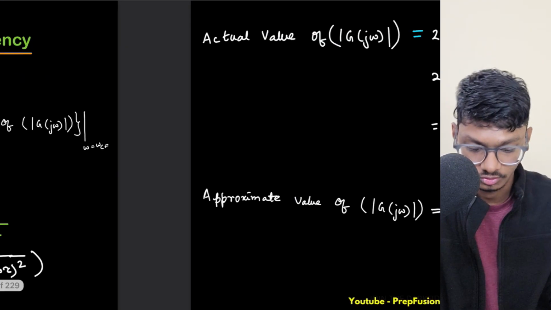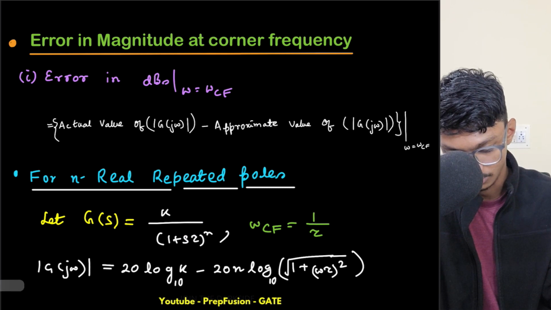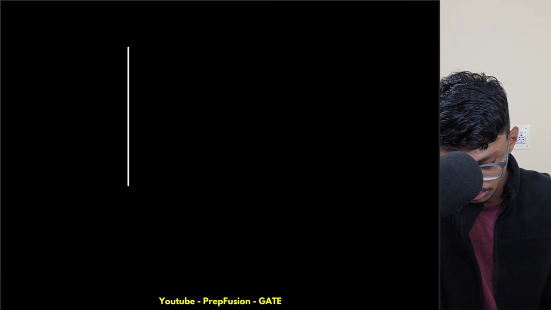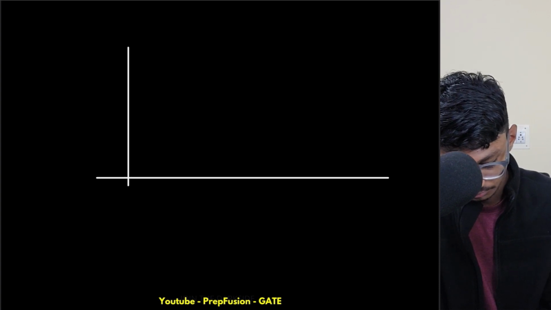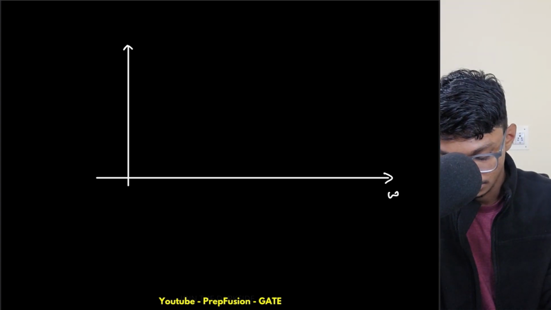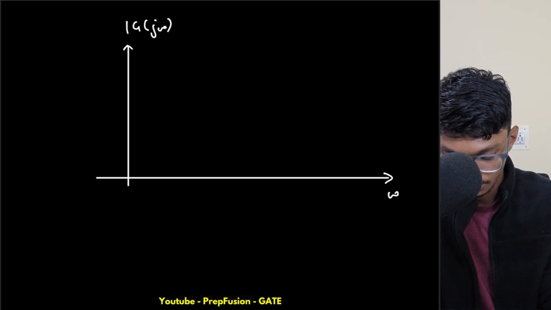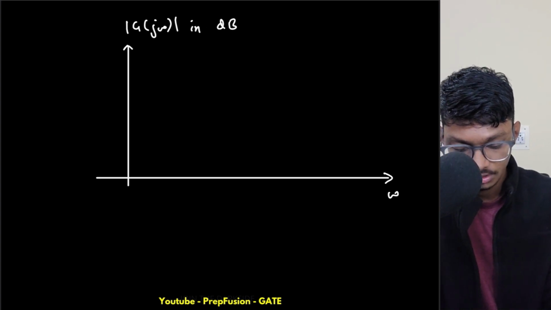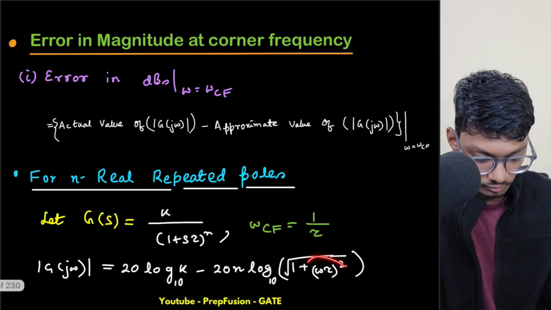If you recall correctly, let's draw the Bode plot of this one. This is omega, and this is the magnitude of G of j omega in dBs, and the scale is log scale. We used to approximate, right?